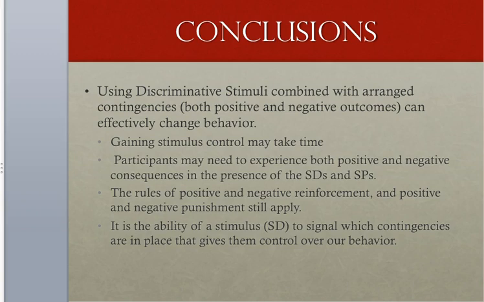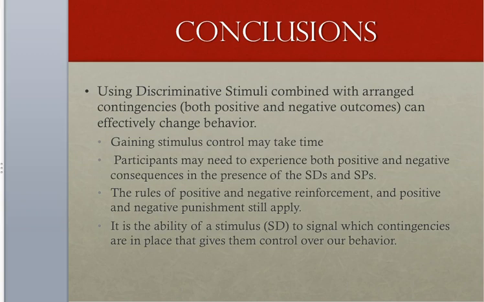It doesn't happen overnight. Participants may need to experience both positive and negative consequences in the presence of the SDs and or SPs. They really have to know what stimuli go with what. It's important to remember that when you're using antecedent procedures like stimulus control, the rules of positive and negative reinforcement and positive and negative punishment still apply.